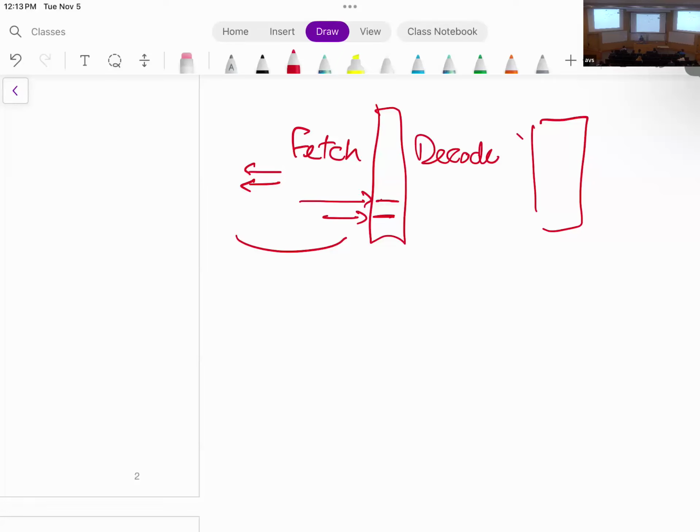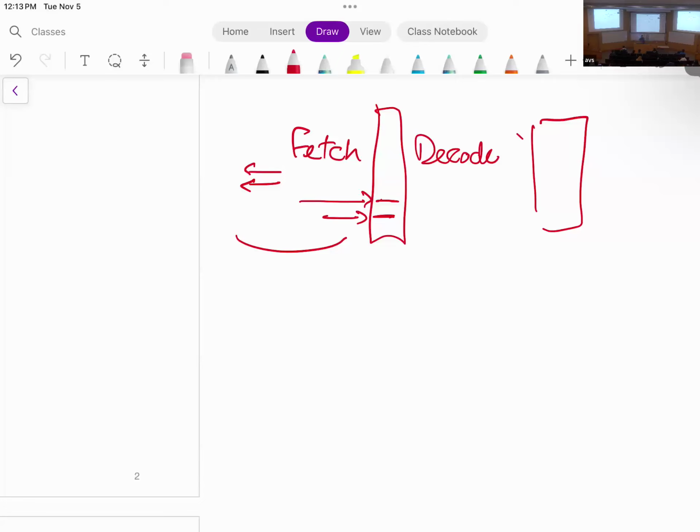You start at decode, not rename? Good question. Yes, in our case, you start at rename. So you stall it, right? You wait at the rename.